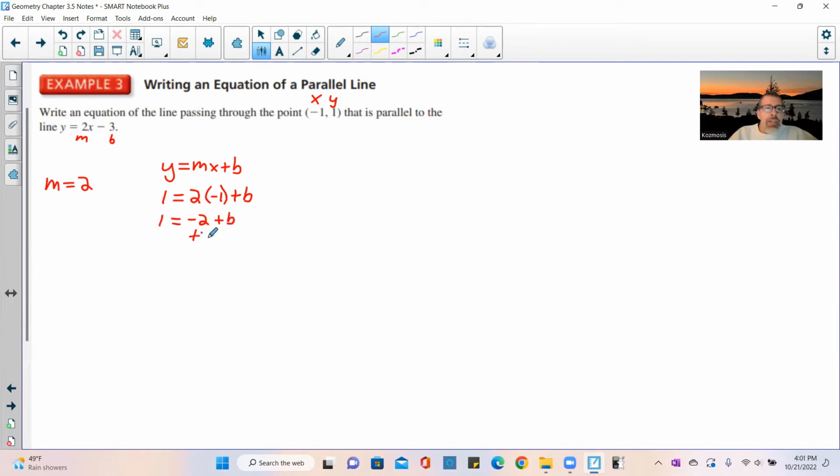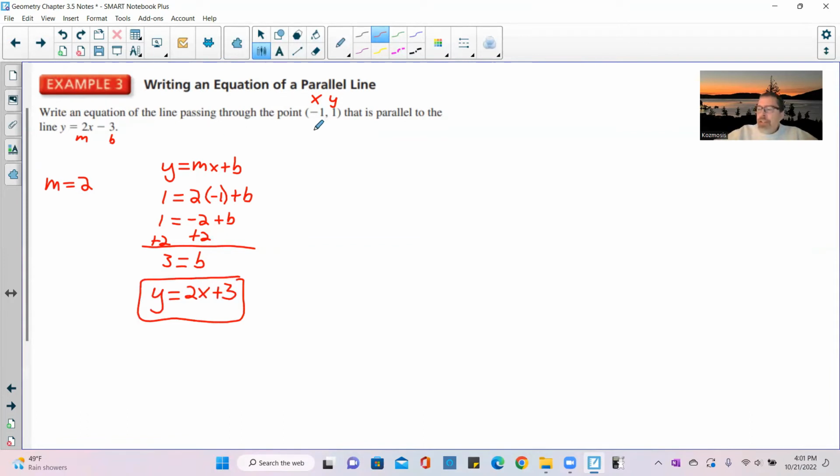If I add 2 to both sides, I isolate b, and I find its value. In this situation, it is 3. So my equation is going to be y equals 2x plus 3. This is a line parallel to this line going through the point -1, 1.